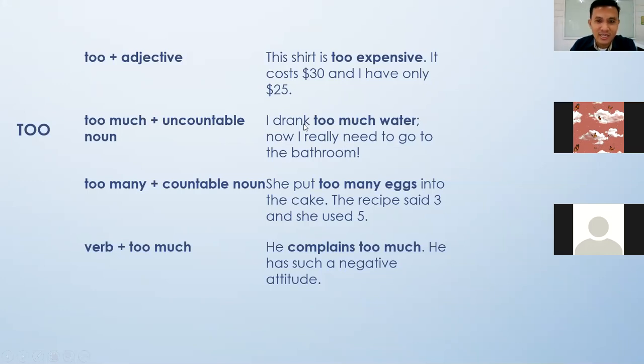Okay, look at this one here, too and then much and water. So "too" is followed by "much" and then followed by an uncountable noun. Okay, so what if it is followed by a countable noun? Can you tell me an example of a countable noun?